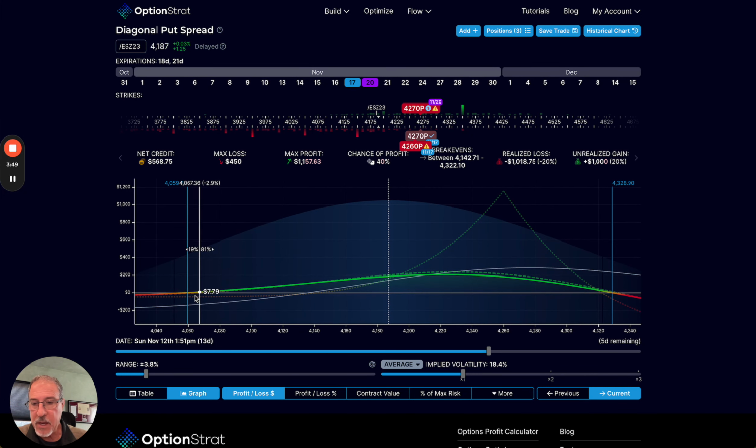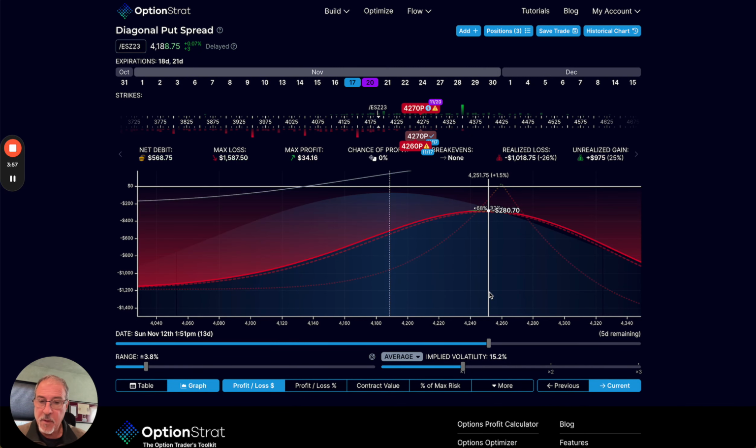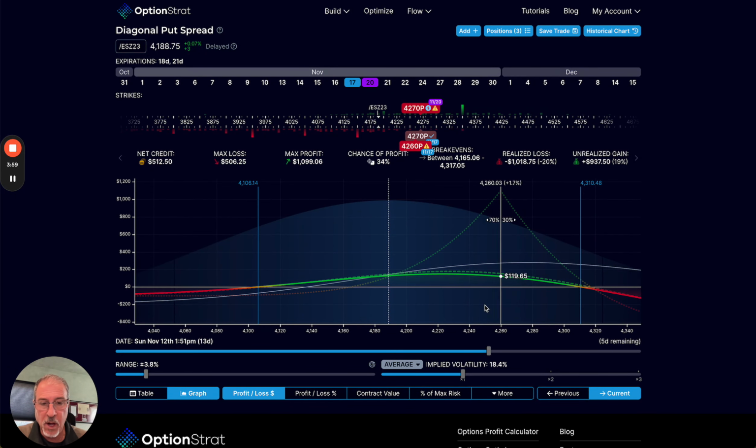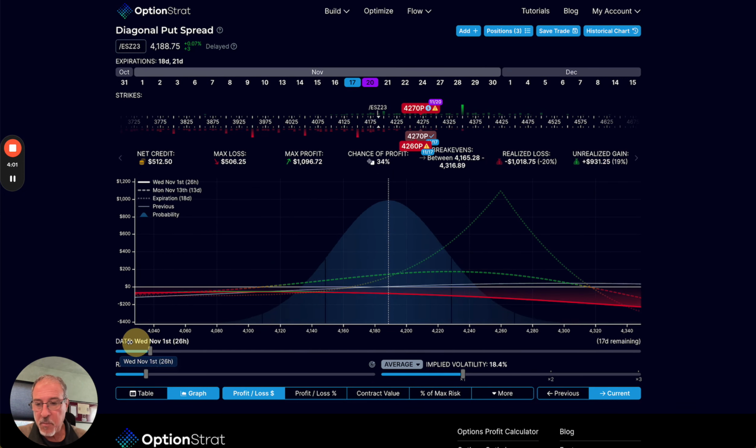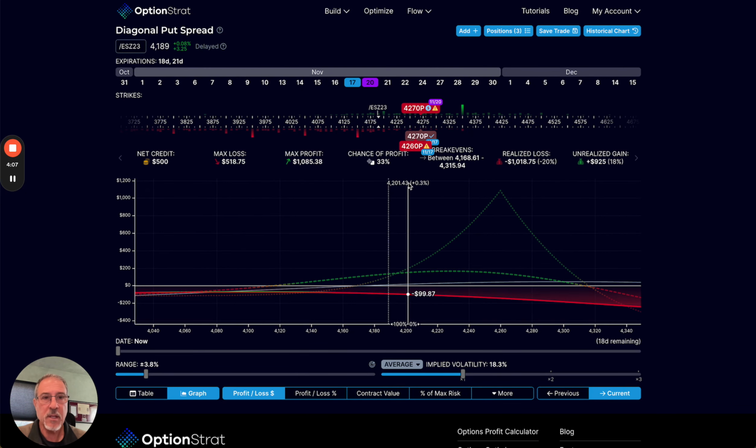We can go all the way down here to 4060, all the way up here to 4320. So basically, we've opened up the downside on this trade. There's much less, in fact, no downside risk really on this trade after this adjustment.